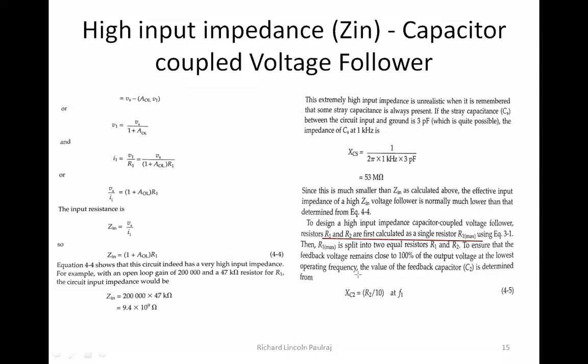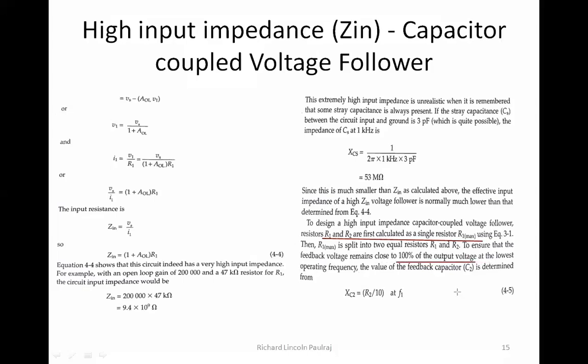If my range is from 3 to 5, then I can go from 3, 3.5, 4.9 or 5. So at my lowest frequency, about 3, I should be able to get about 100% of the output voltage.